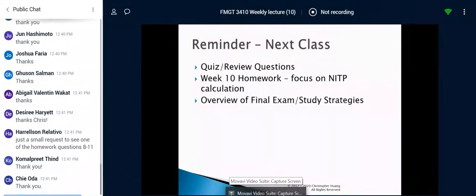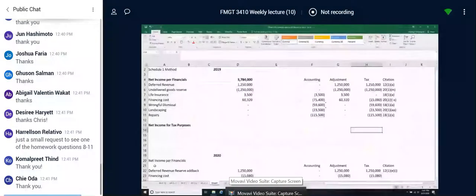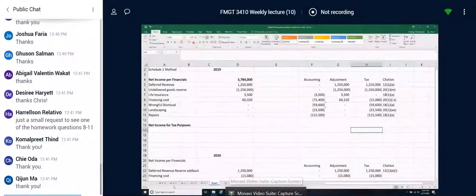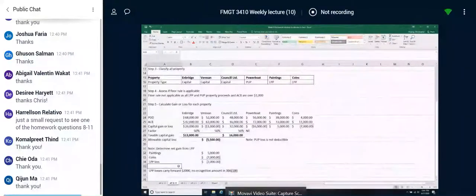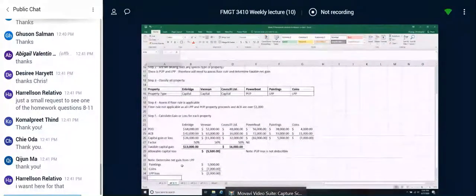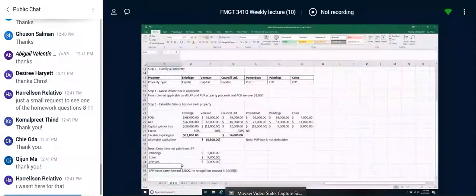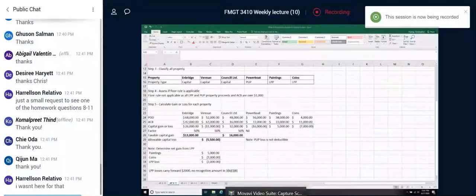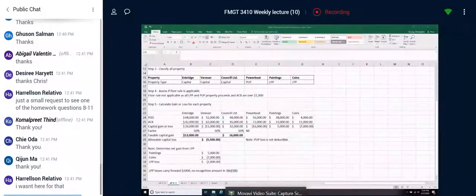Let's see, 811. So which part of 811 do you want to look at? Well, I'm going to see. Here's the main part of 811. Oh shoot, I forgot. Oh, it might be too late.